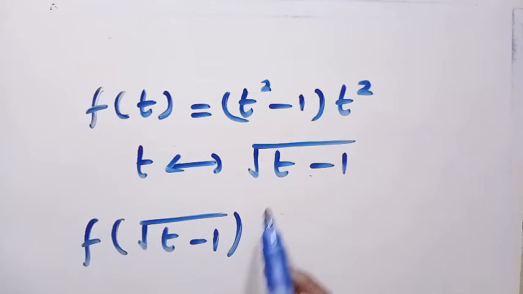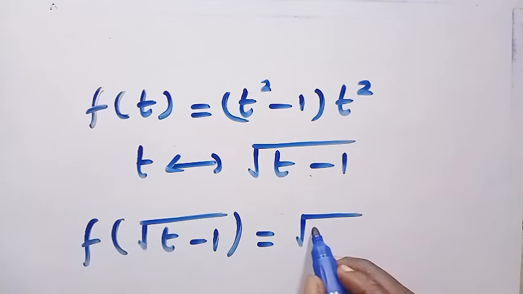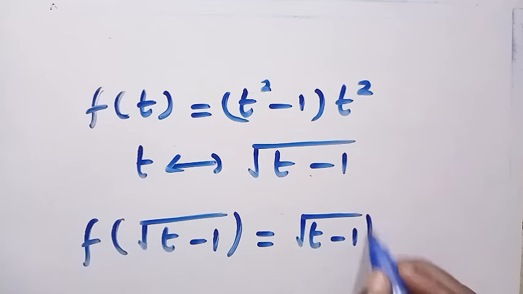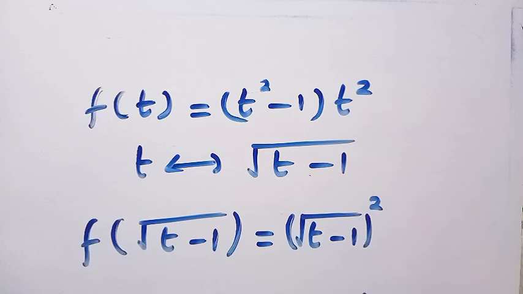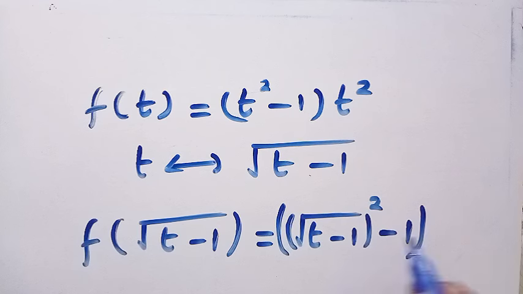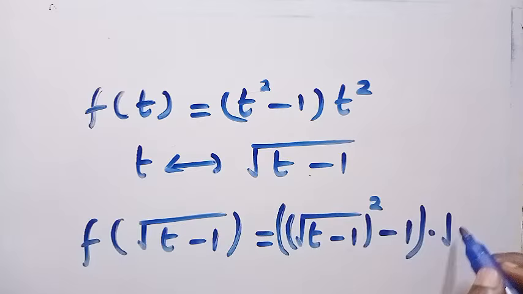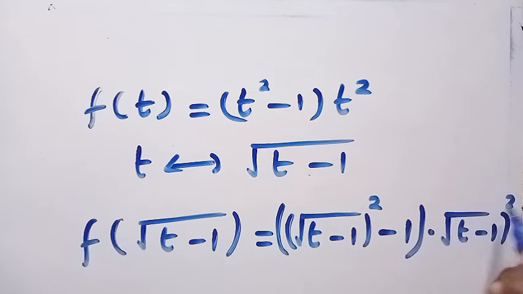And every single place we see t, we change it to the square root of t minus 1. And this equals the first one having t squared, that is the square root of t minus 1, all raised to the power of 2, then minus 1 with it, all in bracket, and it multiplies t squared, and that t squared is also the square root of t minus 1, all raised to the power of 2.